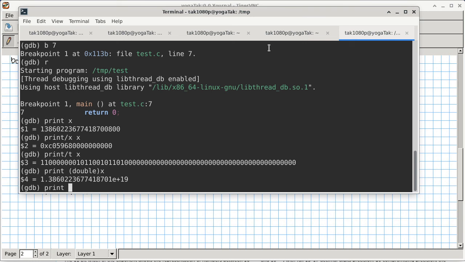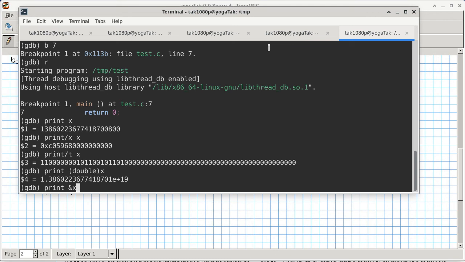So let me see how much you remember from CISP360. What is that? Reference. The address of, right? Okay, so ampersand as a unary operator is address of. If your professor never taught you address of in CISP360, you have some topics to catch up with.